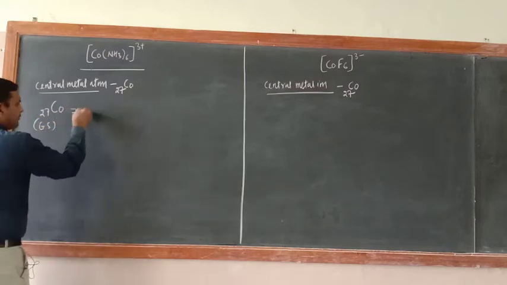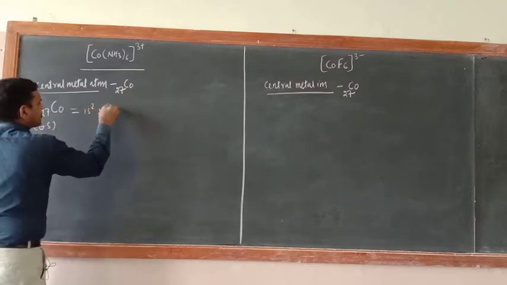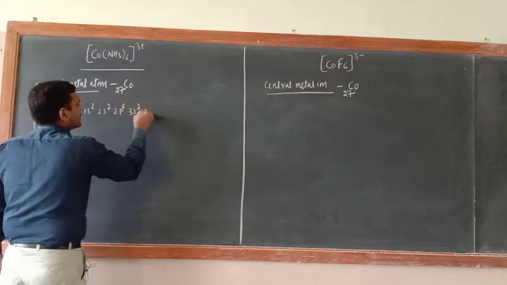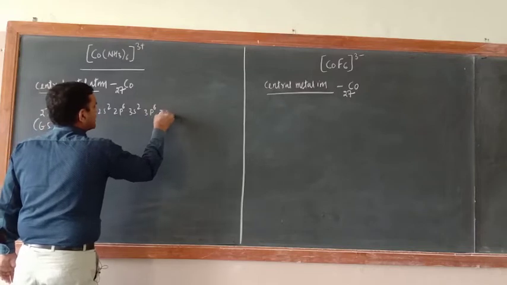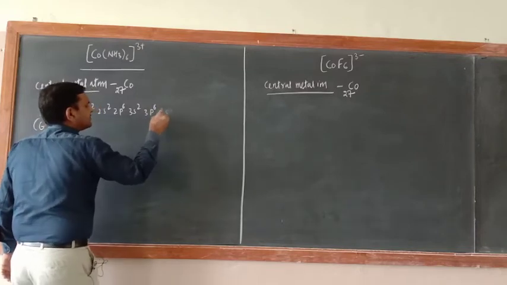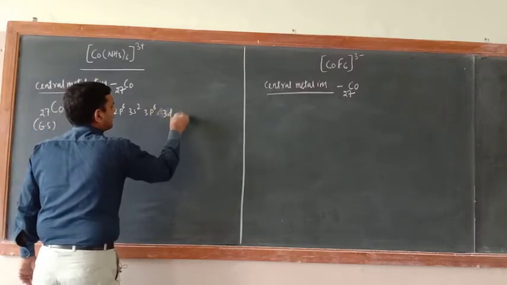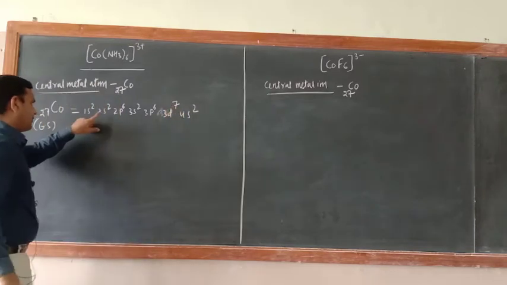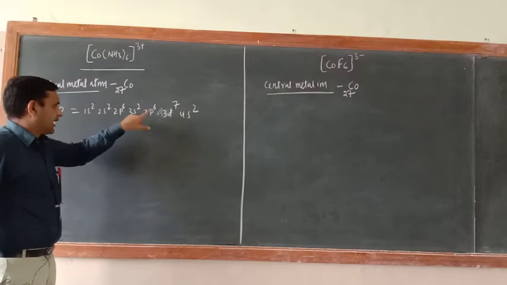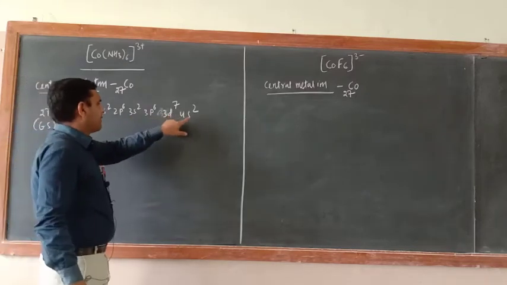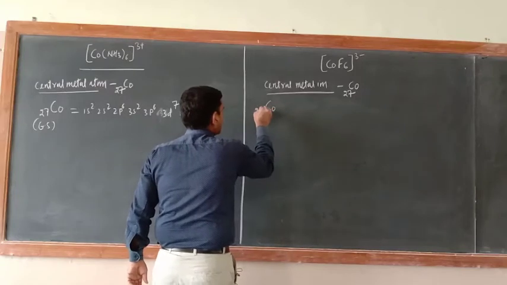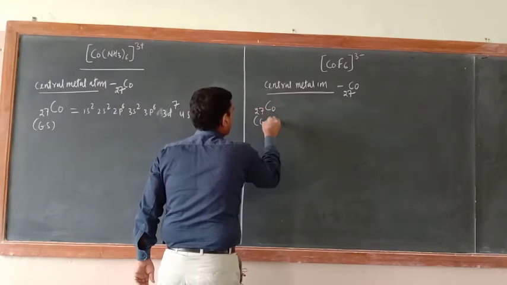What is this one? 1s2, 2s2, 2p6, 3s2, 3p6, 4s2 and 3d7. Calculate now: 2, 4, 10, 12, 18, 25, 27. Here also write cobalt 27 ground state electronic configuration.